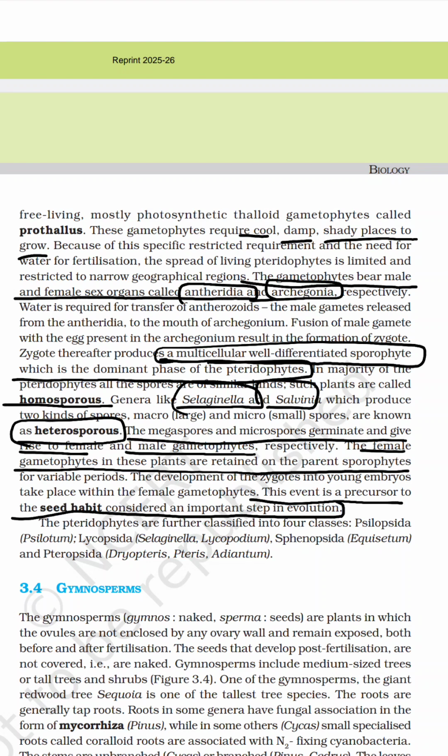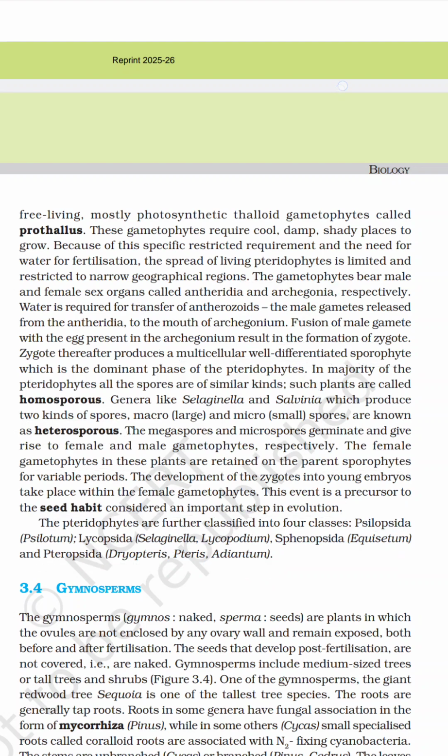It has further classification into four types: Psilopsida, Lycopsida, Sphenopsida and Pteropsida. Psilopsida includes Psilotum, Lycopsida includes Selaginella and Lycopodium, Sphenopsida comes under Equisetum, and Pteropsida includes Adiantum, Pteris and Dryopteris.